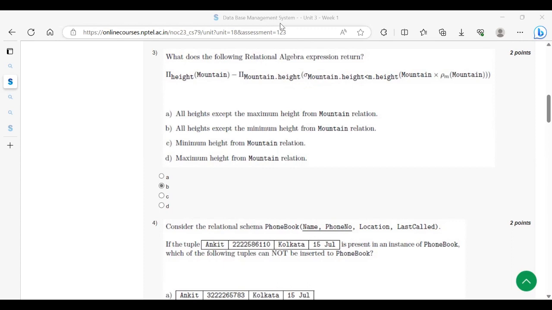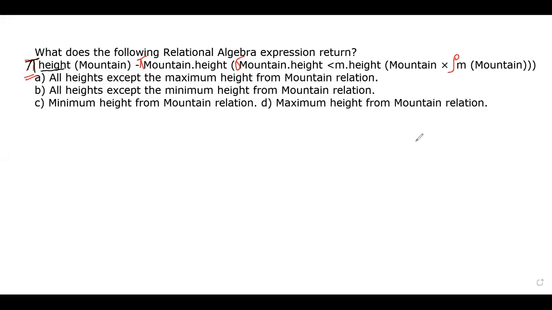Actually, this answer is option 4. Let me take the whiteboard to understand this better. Now we are talking about question number 3. What does the following relational algebra expression return? They gave some relational algebra and asked for the correct option.